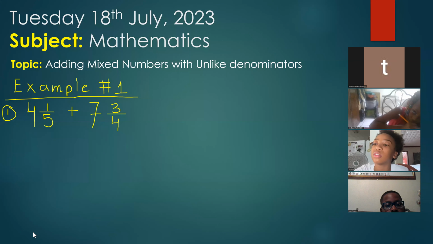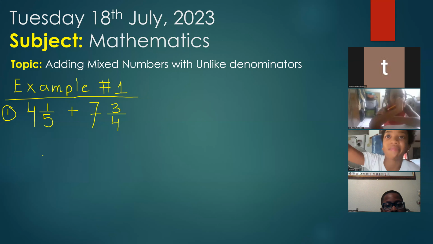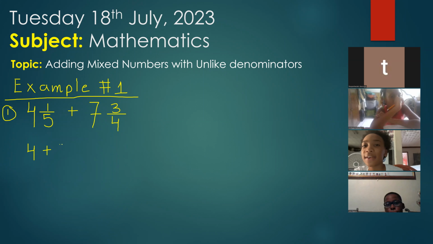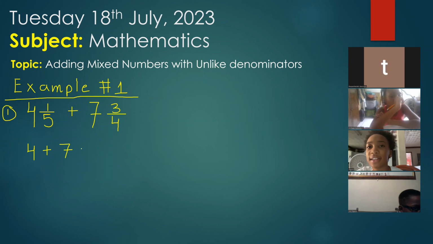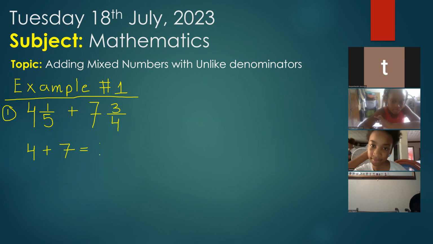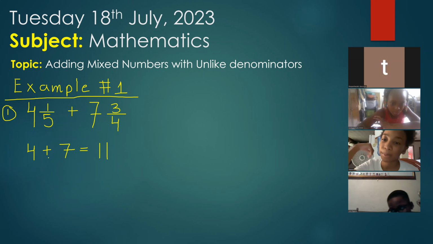So what we do to get the whole number is we say 7 plus 4 equals 11. Very good. So we first add the whole numbers. Diana, what is 4 plus 7? 11. Very good. That's the first thing that we must do. We must add the whole numbers. 4 plus 7 equals 11.